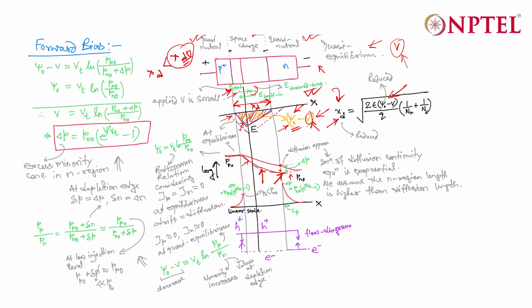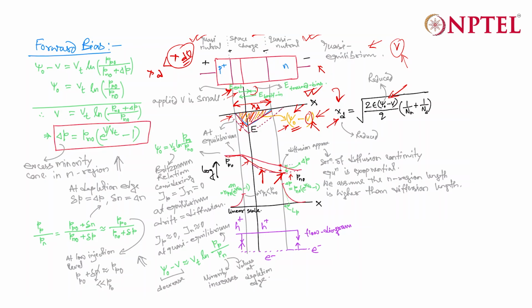I repeat, because of the external electric field, there will be a generation of excess carriers, and that's why the concentration of minority carriers will increase. Why only minority carriers concentration will increase?